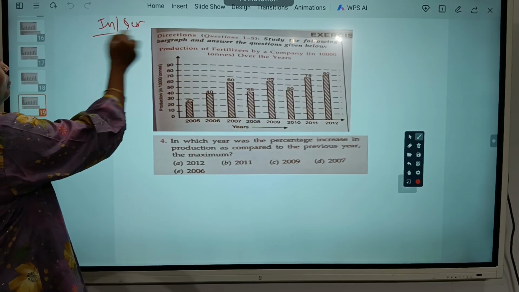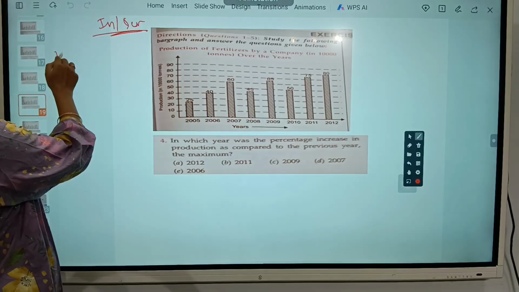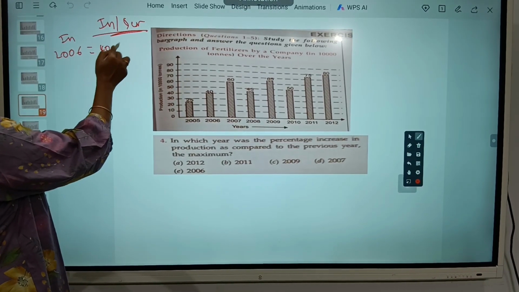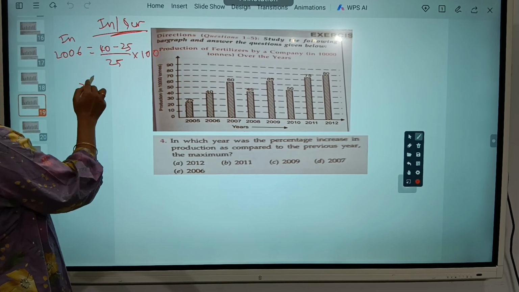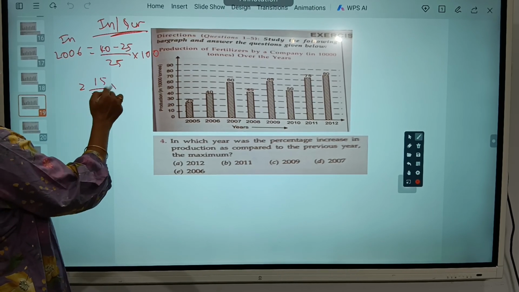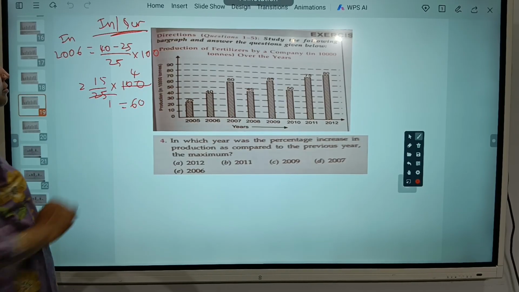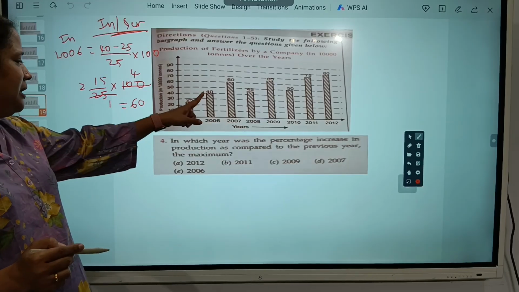Increase in the year 2006 is higher value minus lower value by lower value into 100. 15 by 25 into 100. 25 fours are 100, so 60. There is a 60% increase in production of fertilizers.